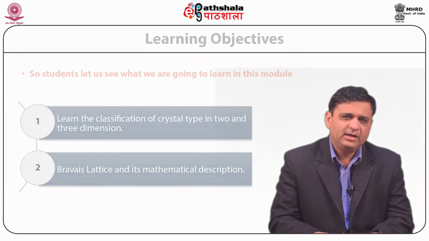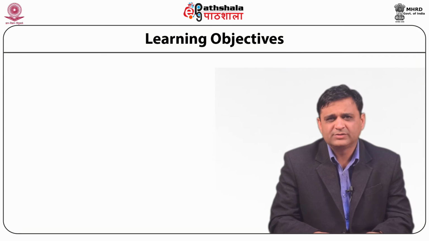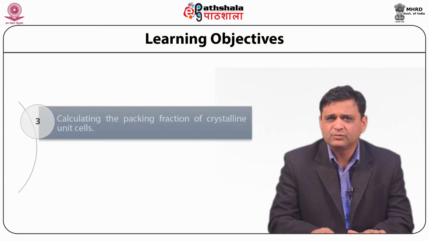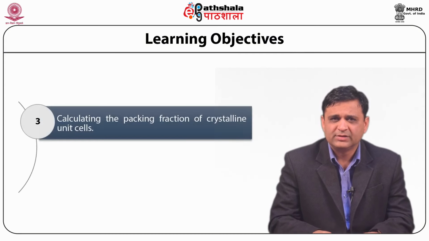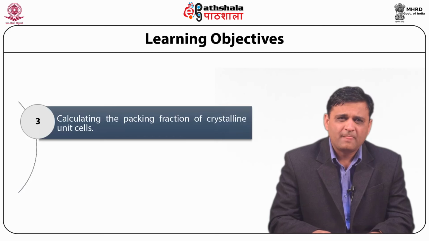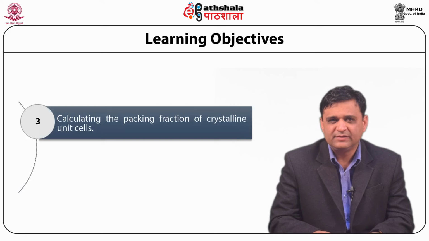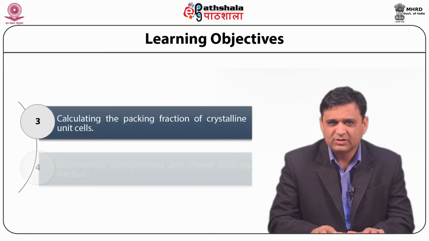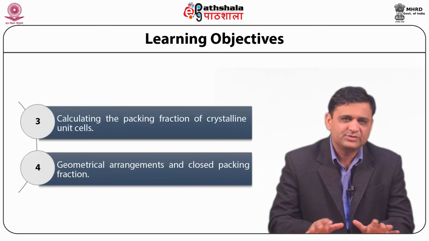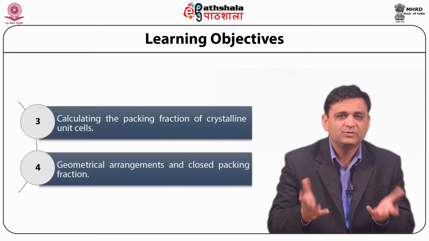One objective is also to learn what packing fraction is and how to calculate it. Packing fraction will let us know how dense a particular material can be, and which structures are the most closely packed, or which are more loosely packed.